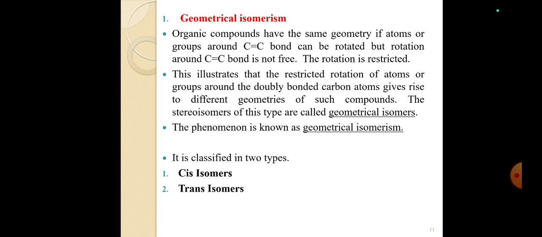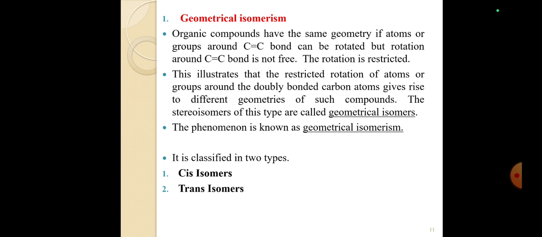Next, I have kept the picture, and this illustrates that restricted rotation of atoms or groups around the doubly bonded carbon atoms gives rise to different geometries of such compounds. The stereoisomers are known as geometrical isomers, and the phenomenon is geometrical isomerism.